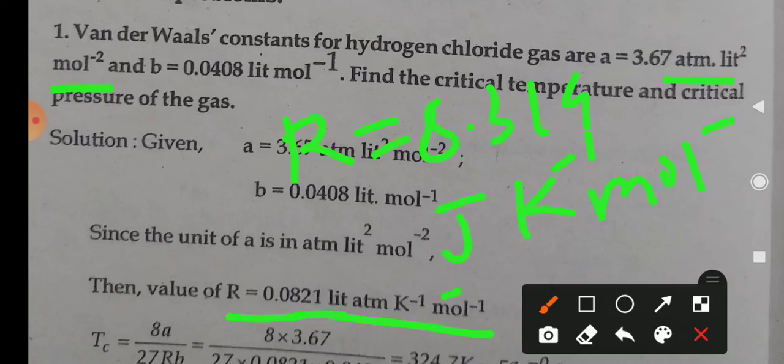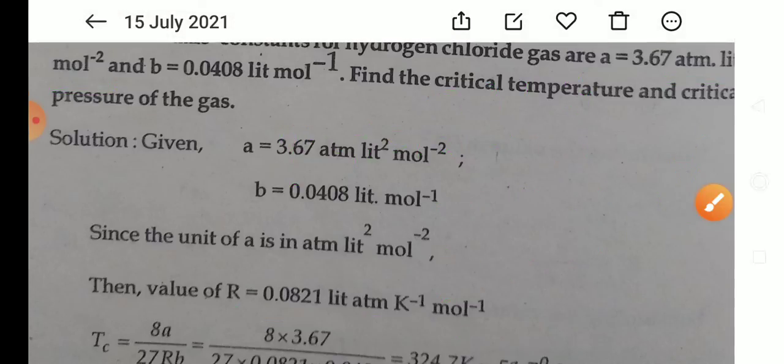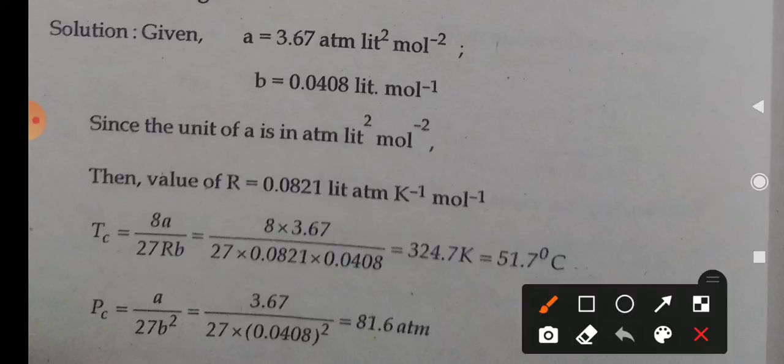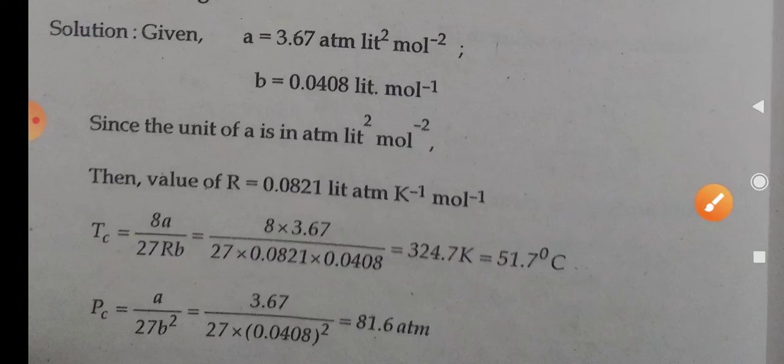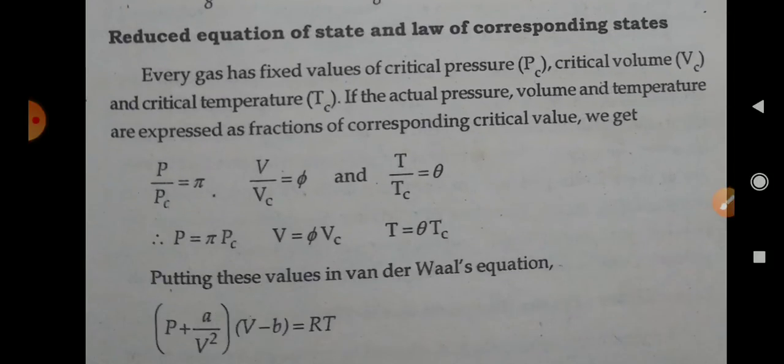But in this unit we cannot use this R value here, so we have to use R as 0.0821 liter atm Kelvin inverse mole inverse. So this R value is used in the equation of TC. By putting the values we can find the required answer. So these are the numericals; you can easily find the values of the required quantities.